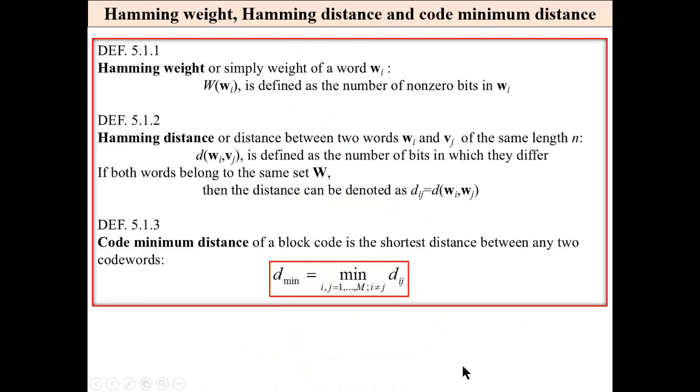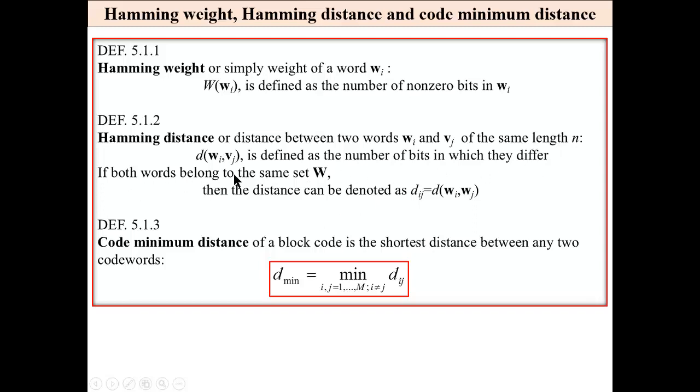Very important definitions, basic definitions of block codes. Hamming weight, or simply weight of a word or sequence, is defined as the number of non-zero entries. Hamming distance between two words of the same length is defined as the number of bits in which they differ.